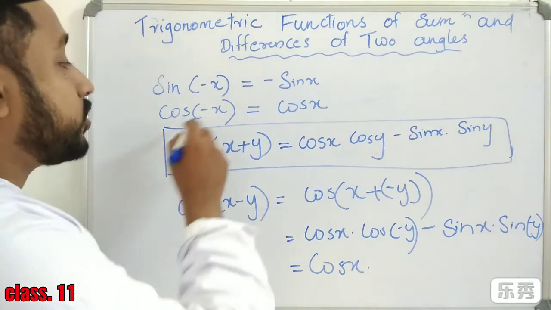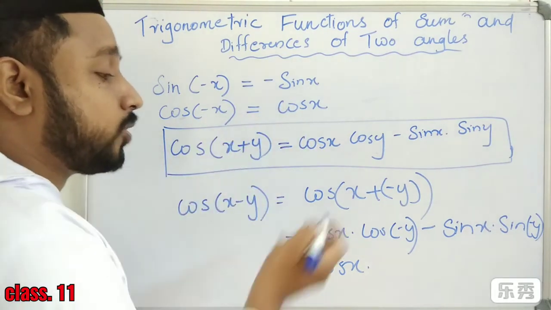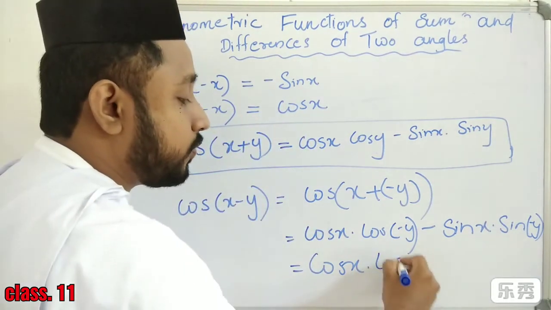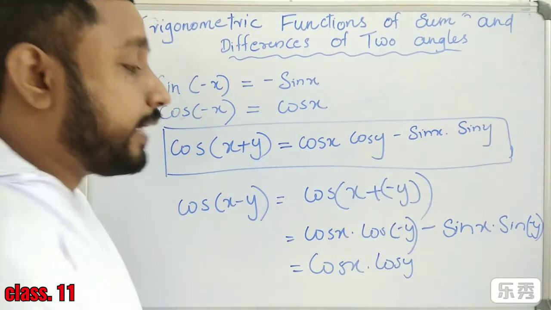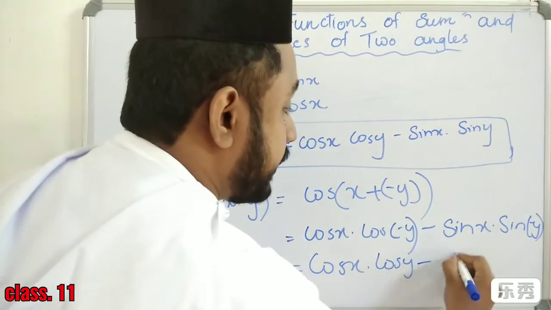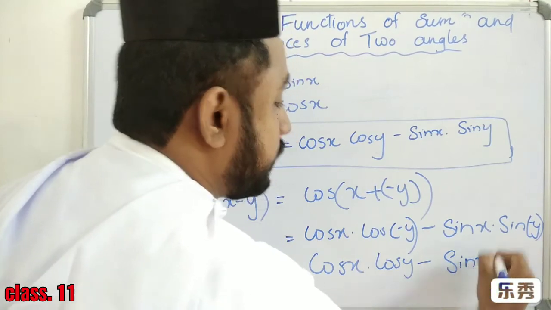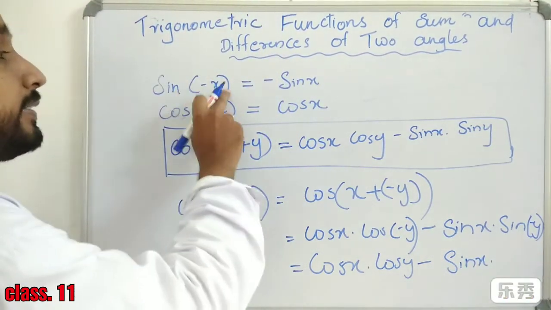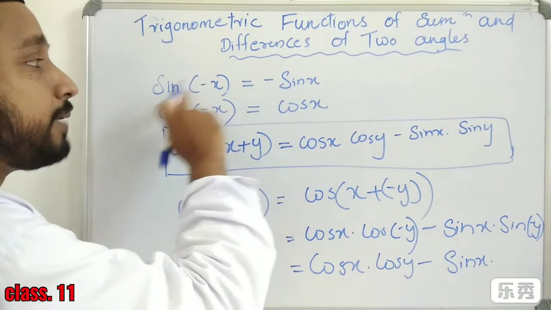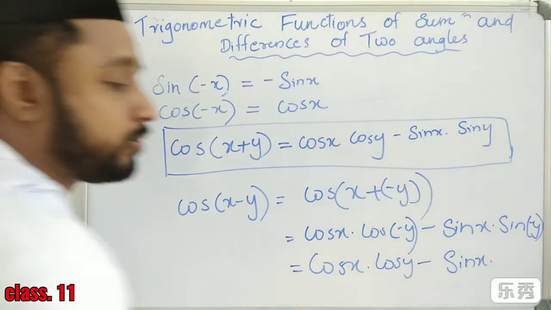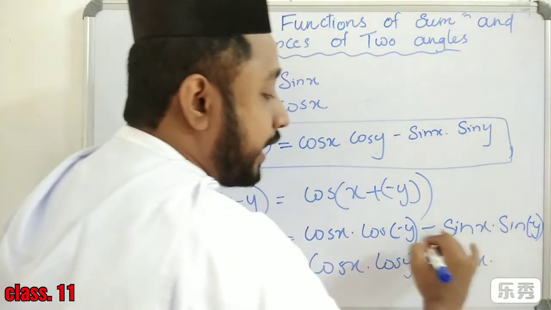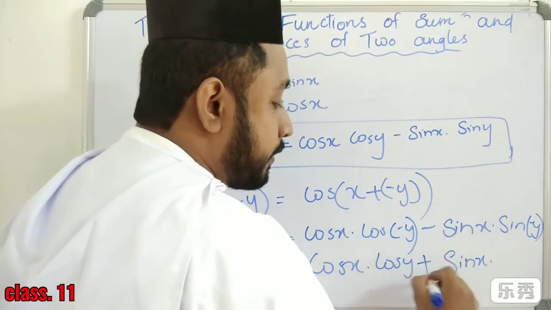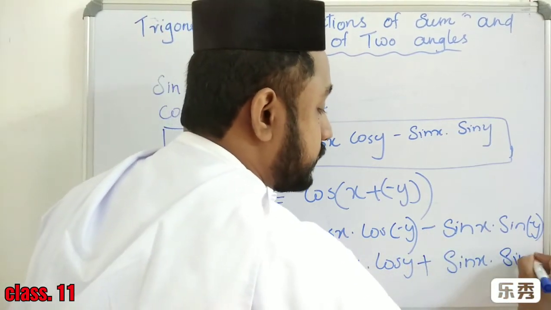We know cos of minus x is equal to cos x, so cos of minus y is plus cos y. Sin of minus x is minus sin x, so sin of minus y is minus sin y. That minus and this minus will become plus, so plus sin x sin y.